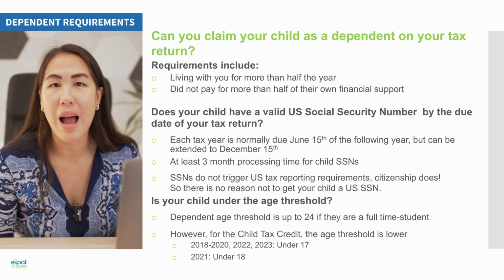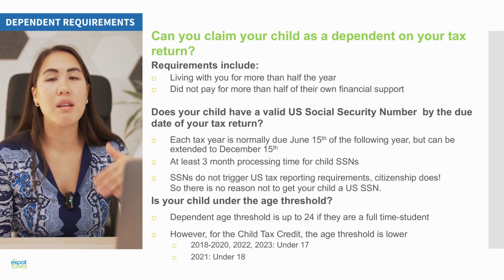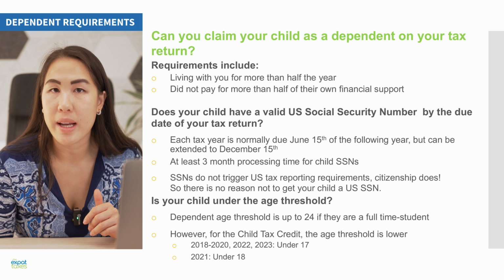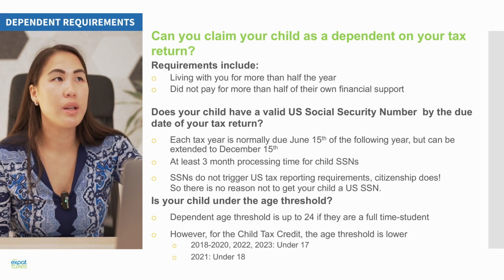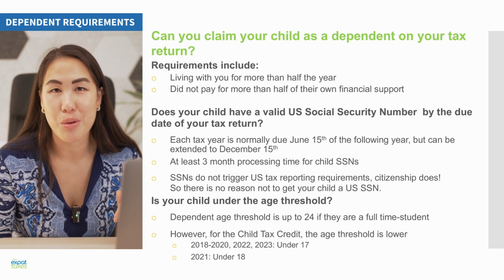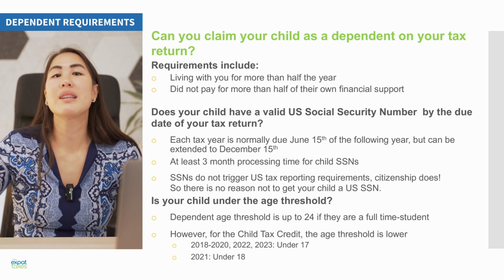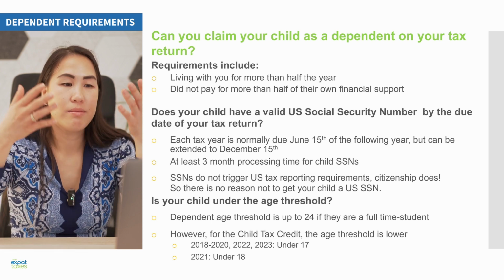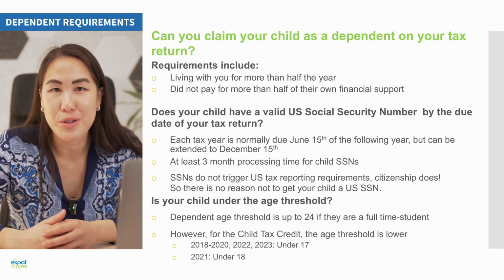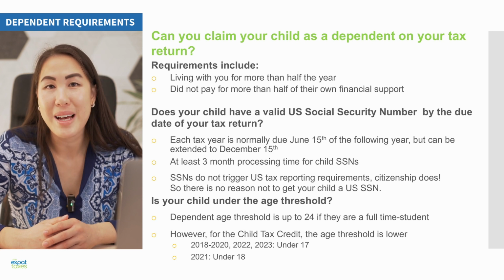So those are just temporary absences. And they couldn't have paid for more than half of their own financial support. So you and your spouse, right? Or even if your spouse is a non-resident alien, so a non-US citizen, as long as basically you, the parents, have paid for more than half their financial support, you can normally claim them as dependent.